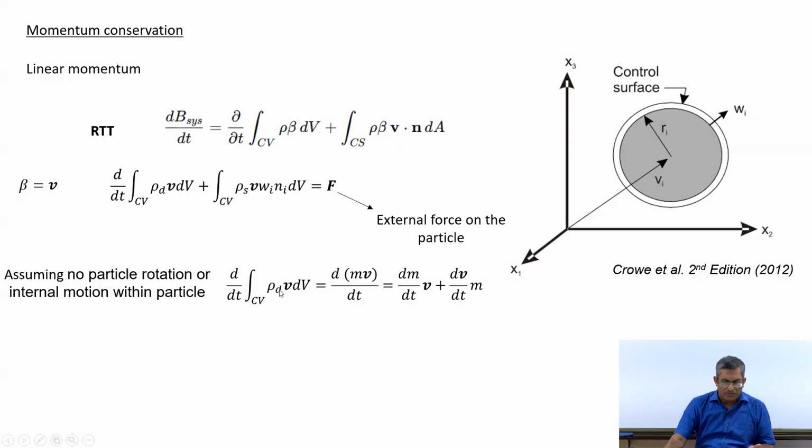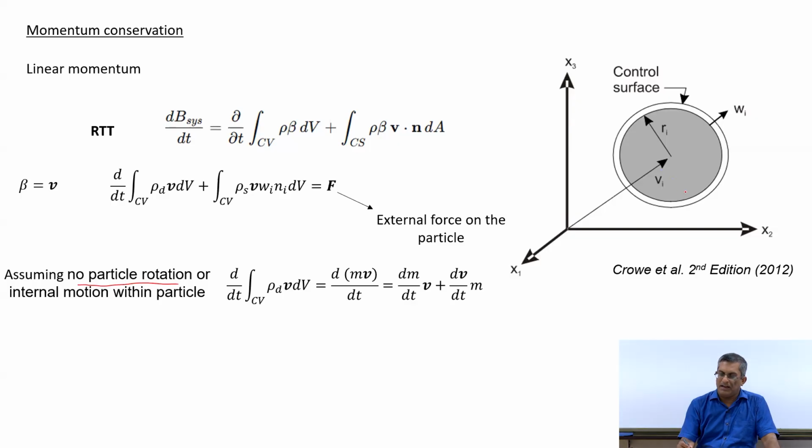The volume integral of density times the differential volume is equal to the mass. So, that is what we get. Now, why are we making these assumptions? No particle rotation. What happens if the particle rotates? We will see that in the next slide.